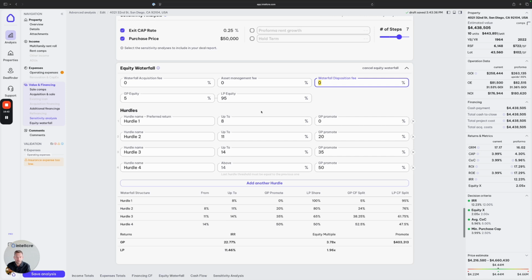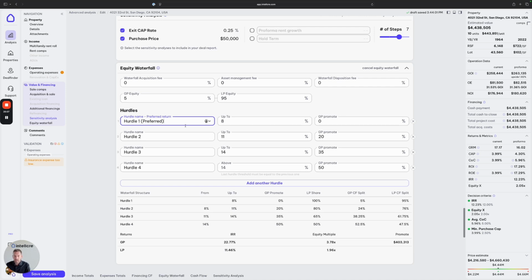So as with any equity waterfall, the GP is promising a certain minimal return in terms of the IRR, project level IRR. So let's say we're promising a minimal return of 8% IRR. So that is the first hurdle, or the preferred return.